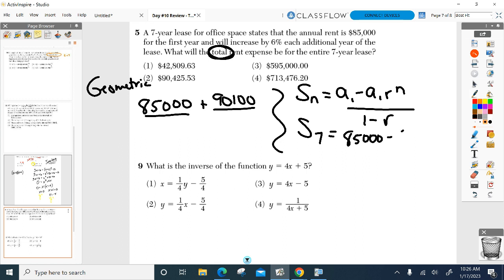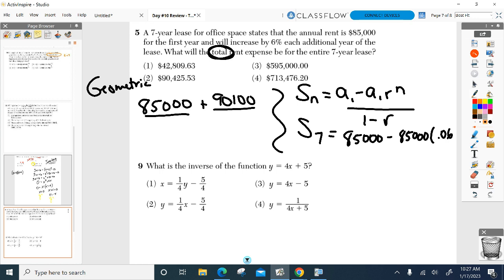Minus 85,000. Here's where you have to pay attention. R value, that's the common ratio, what you're multiplying by. Be careful here. I know some of you probably want to put in 0.06, but am I actually multiplying by 0.06 to get to the next term?